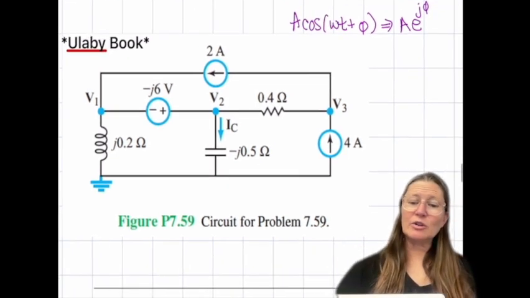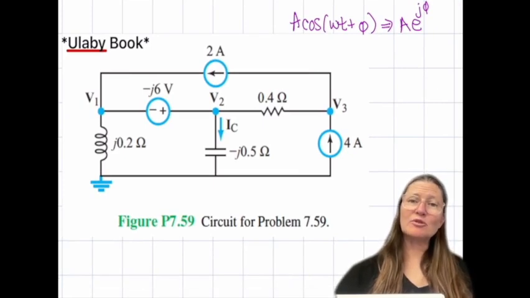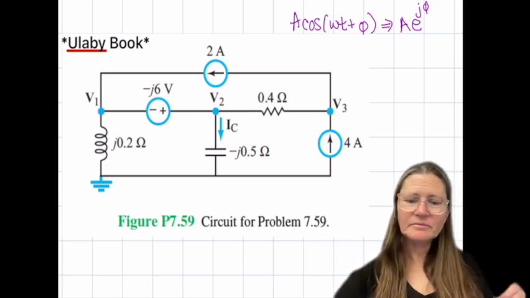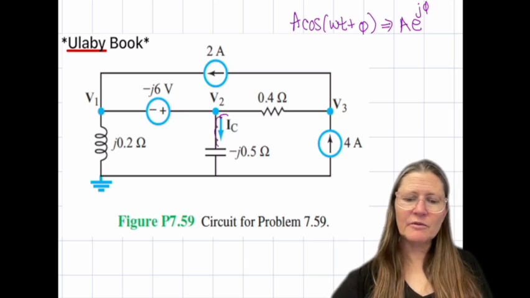All right, so this one I would suggest setting up as node voltage because you have 3 unknown nodes in order to solve for IC.